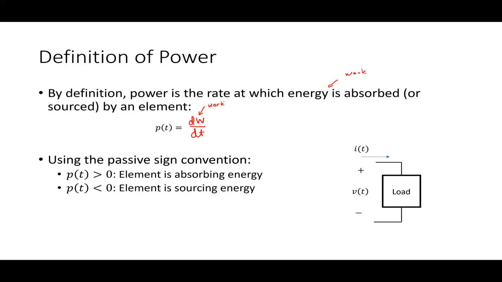All right, so you derived back at the very beginning of 2111 or in physics that if I had a charge with a particular voltage, the amount of energy that that charge has is however much charge it has, Q, in coulombs, times whatever voltage it has. That's how much energy is basically in one charged particle.